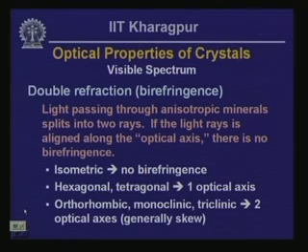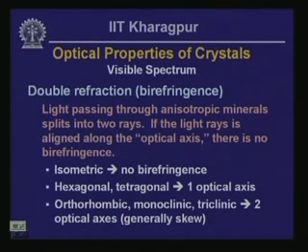The other important optical property that allows us to distinguish between different types of crystal families is double refraction, also known as birefringence. What is meant by birefringence is that if you allow light to pass through an anisotropic mineral, the light rays are going to split into two rays.